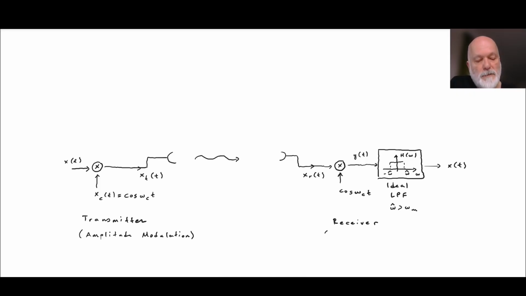And on the receiver side, we have the so-called amplitude demodulation operation, which is composed of the multiplication by the carrier wave once more, and then applying the ideal low-pass filter.